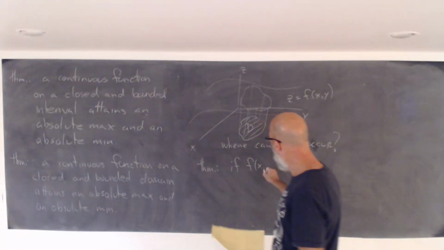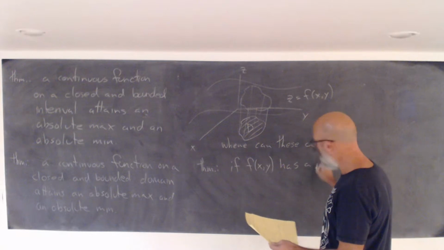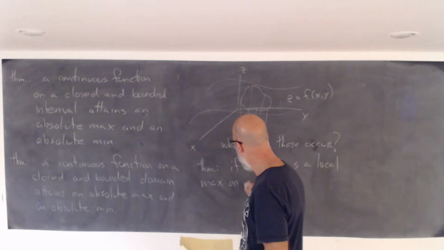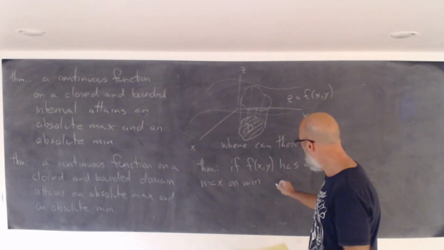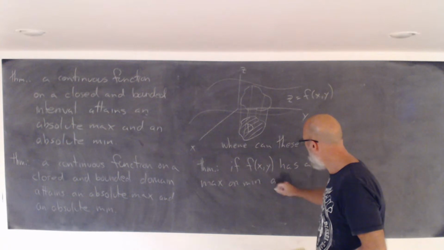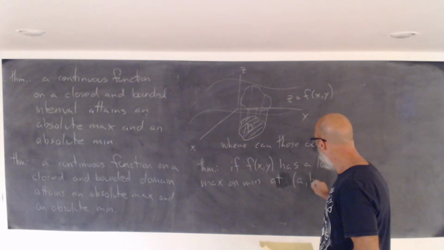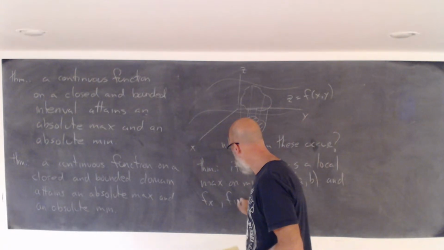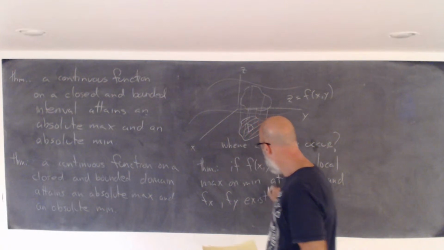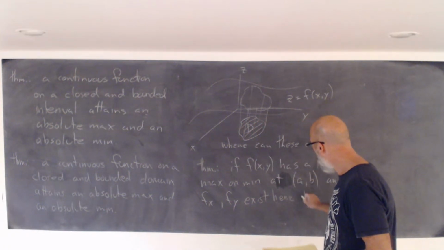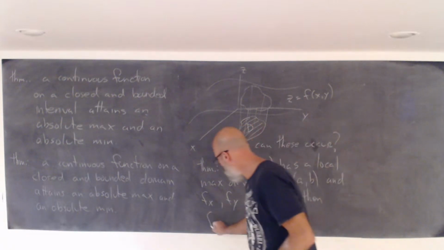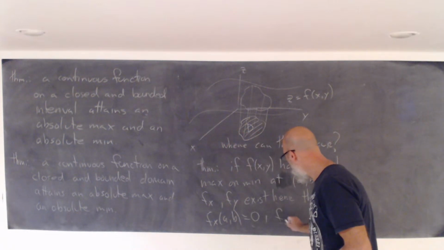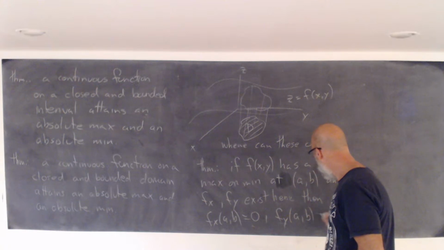If f of x, y has a local max or min at the point (a, b), and the partial derivatives exist here, then the partial derivatives must be 0.